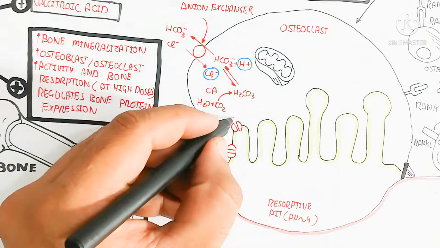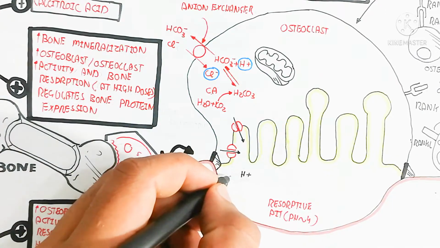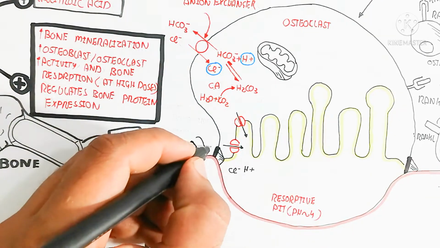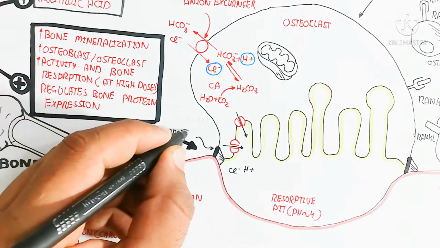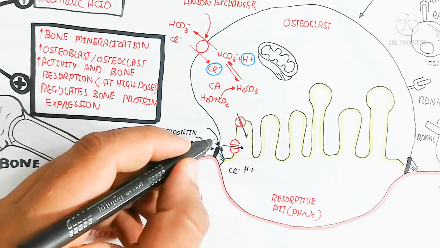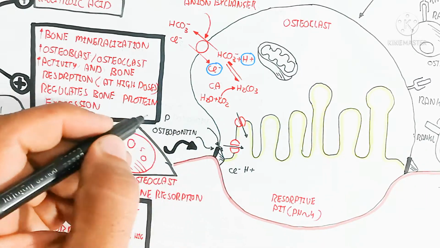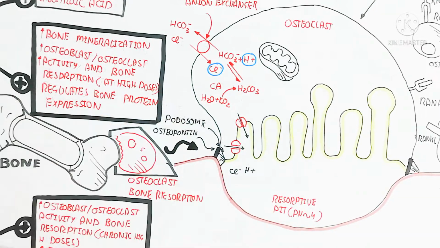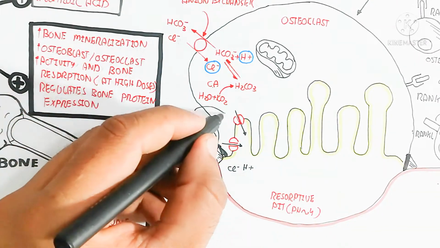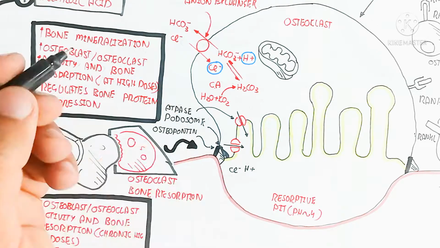This proton and chloride can be moved into the resorptive pit, which is more acidic, so the pH will drop from 5 to 4. In this way the resorptive pit forms between the osteoclast and bone.